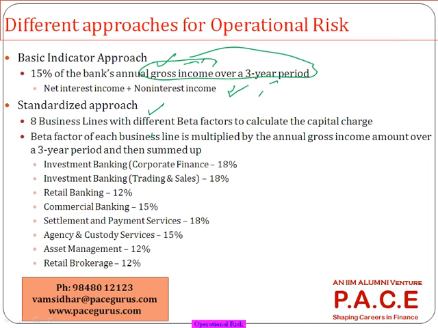The next approach is a slight improvement over the basic indicator approach, which is the standardized approach, wherein instead of directly allotting 15% to all the departments, a small modification has come. The whole banking function has been broken down into 8 major lines of business, and different weightages are given to different lines of business on the basis of the risk they typically assume.